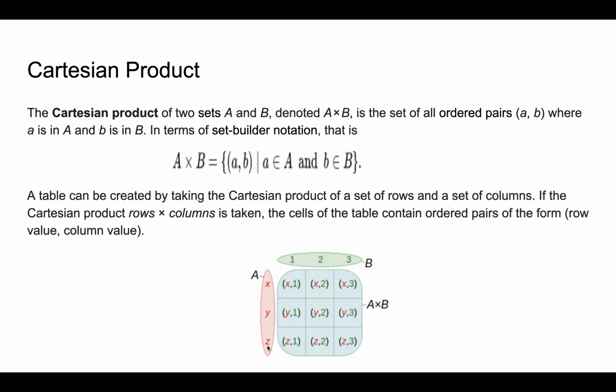So it will come like Z1, Z2, and lastly Z3. This is the Cartesian product of the two sets, A cross B, which is given in blue.